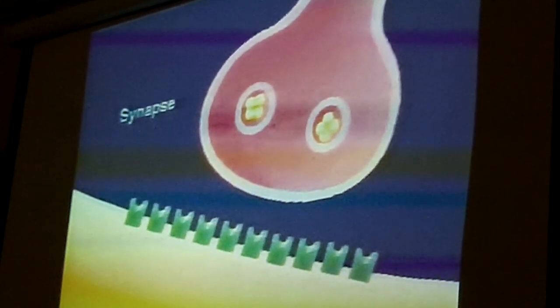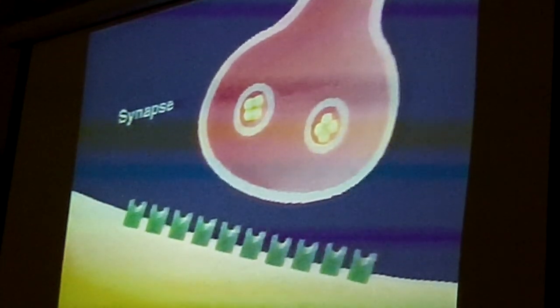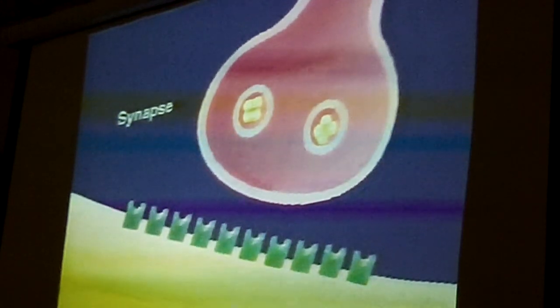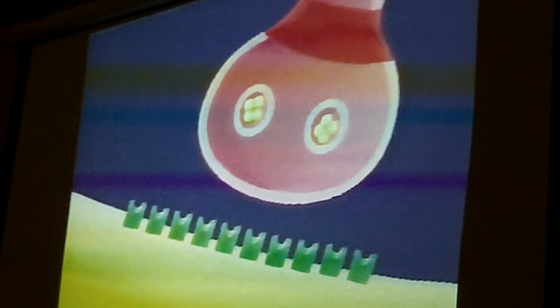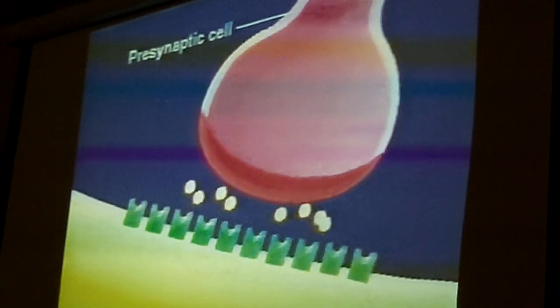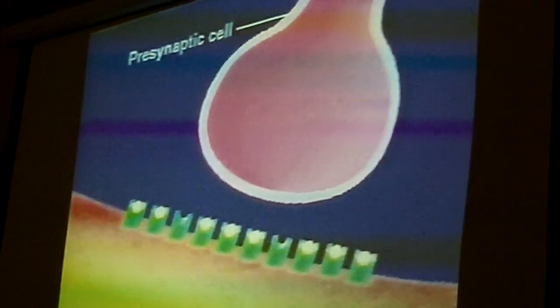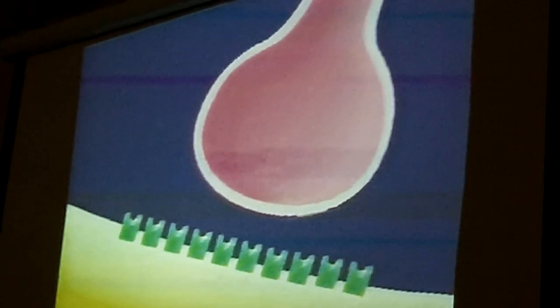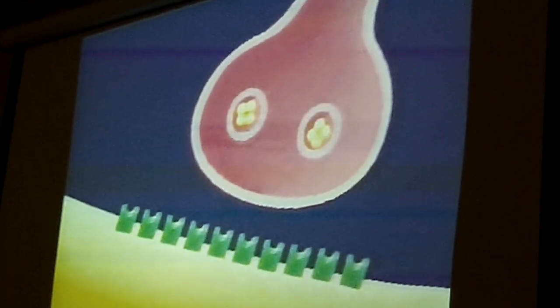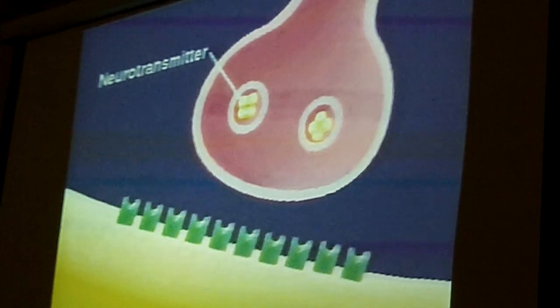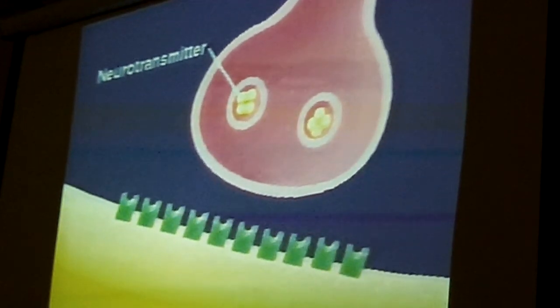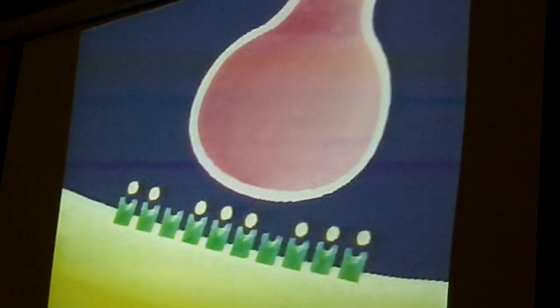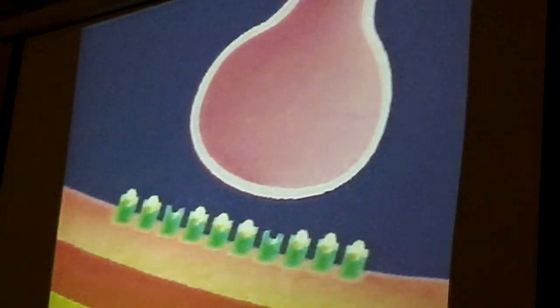In almost all synapses, transmission of signals is in one direction only, from the axon of the first, or presynaptic cell, to the second, or postsynaptic cell. At the synapse, a chemical substance called a neurotransmitter is secreted from the end of the axon terminal. The neurotransmitter carries the signal from the presynaptic cell to the postsynaptic cell.